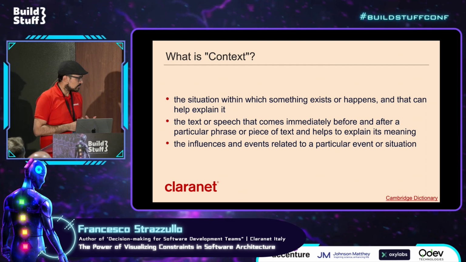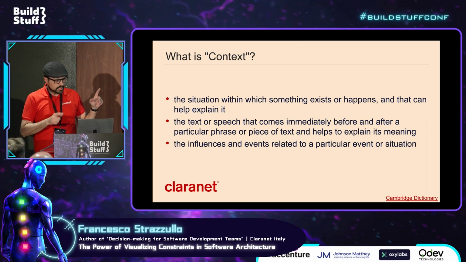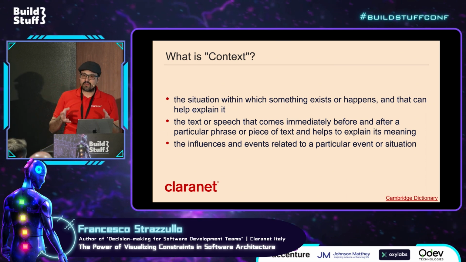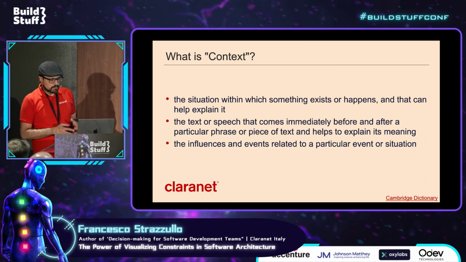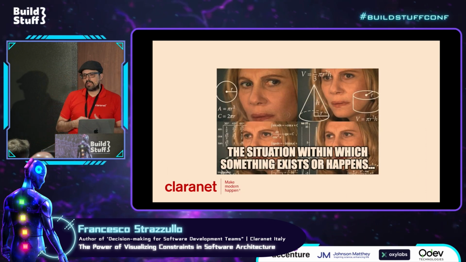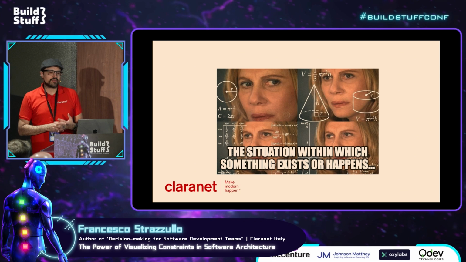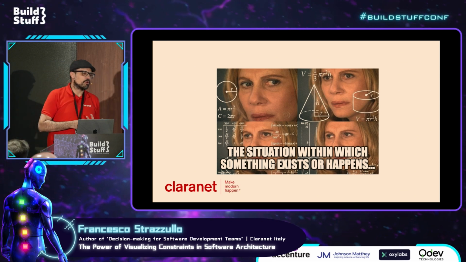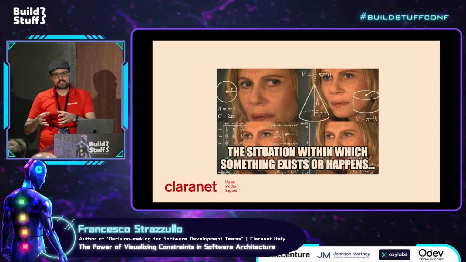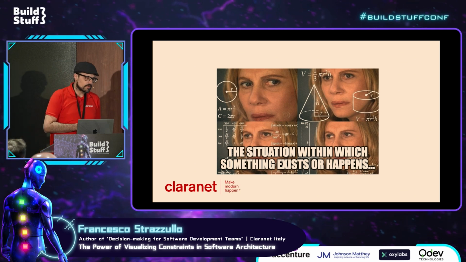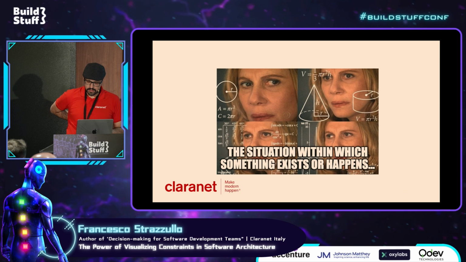Okay, not so good. And the last one: the influence and events related to a particular event or situation. None of the three definitions that I found in the dictionary can actually help me explain what context means in software architecture and what are the consequences on different concepts and different contexts in software architecture.